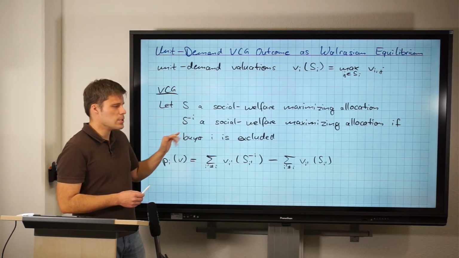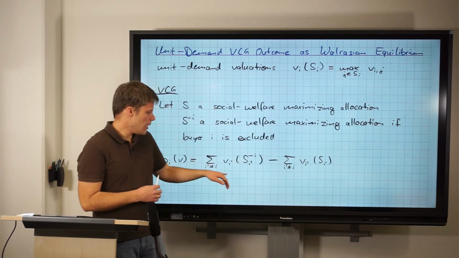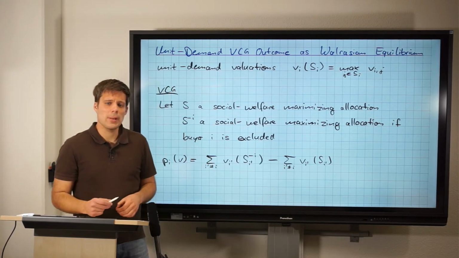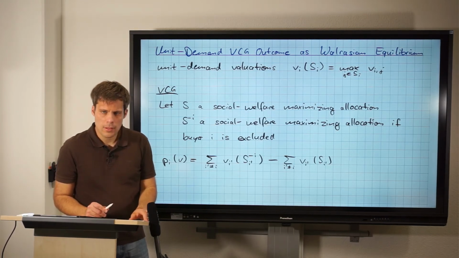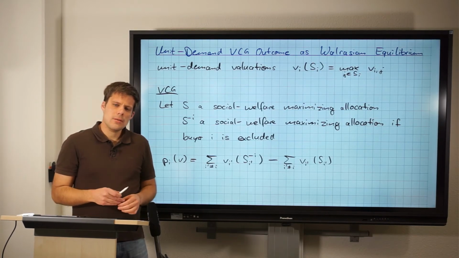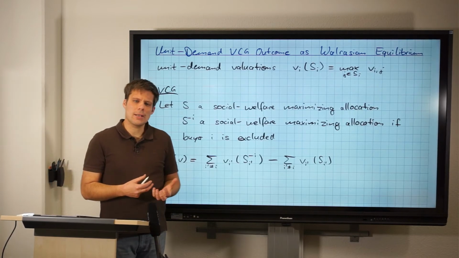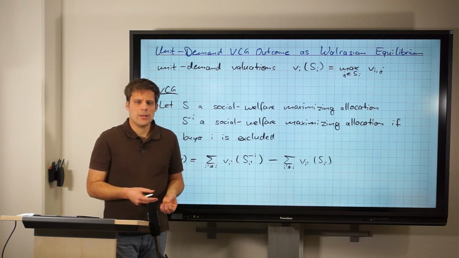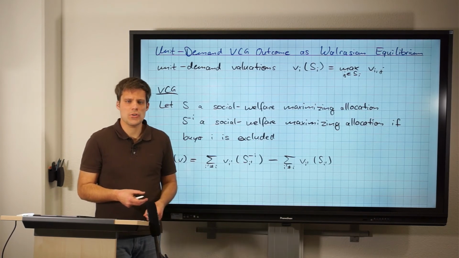We are not counting them, but just maximize social welfare without them. Here we include them, and in both cases we only sum up the values that all players except for player i have. And the thing is now, every player will get, well, technically they can be getting multiple items, but they're getting more or less one item. And if we now use these as the prices, then this will correspond to a Walrasian equilibrium.